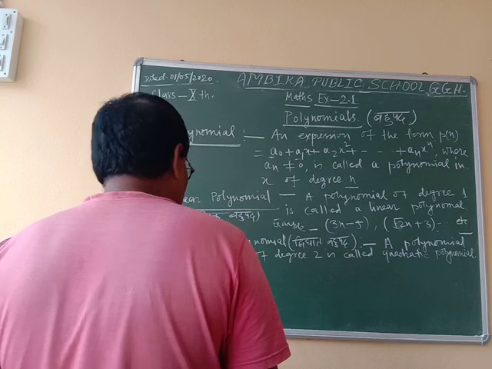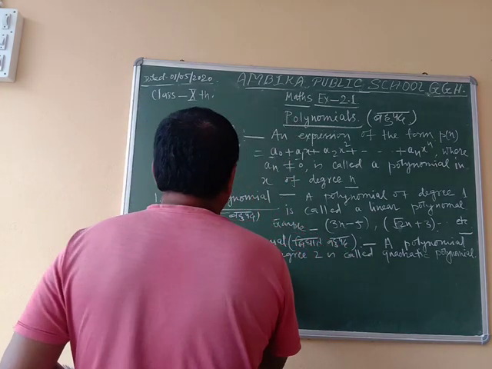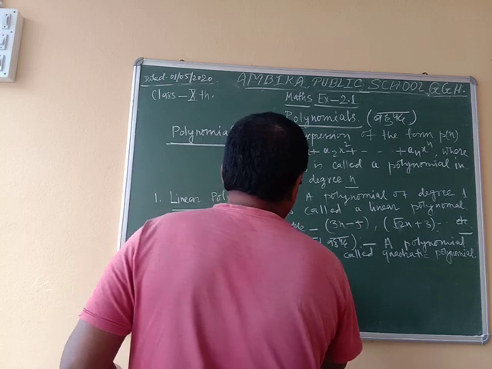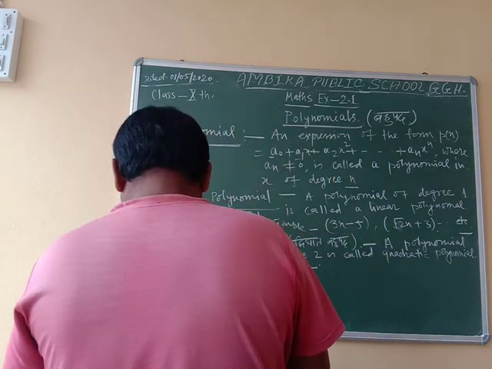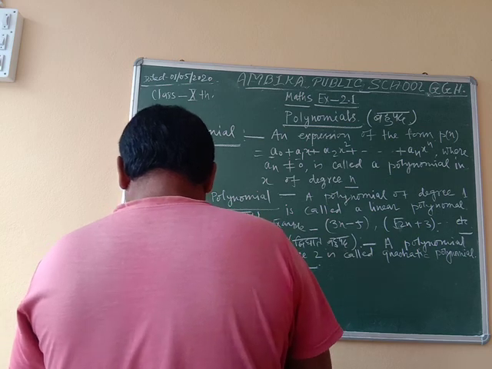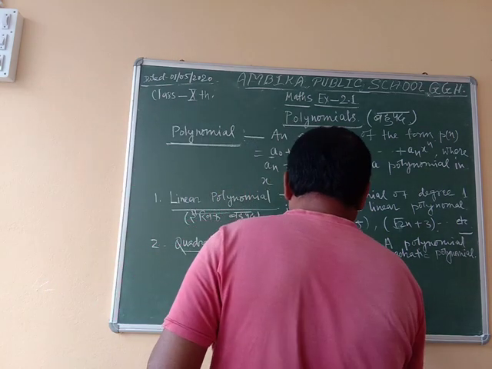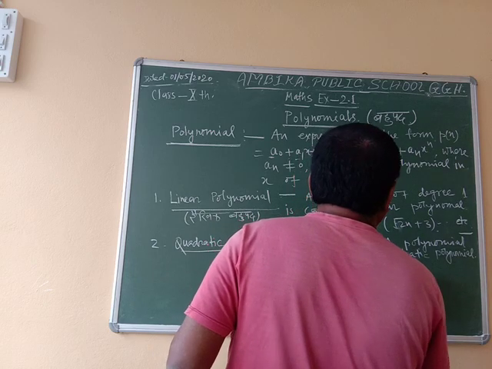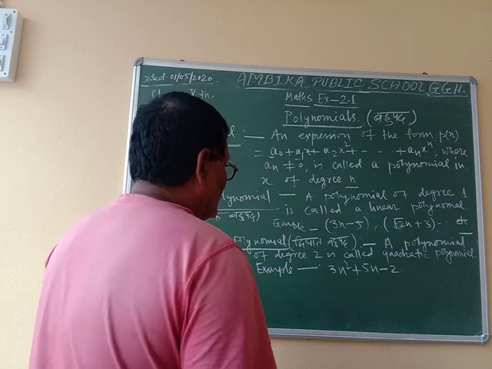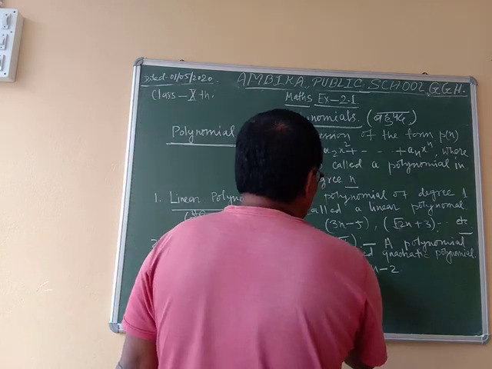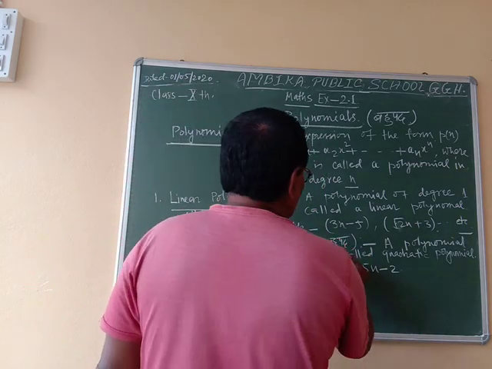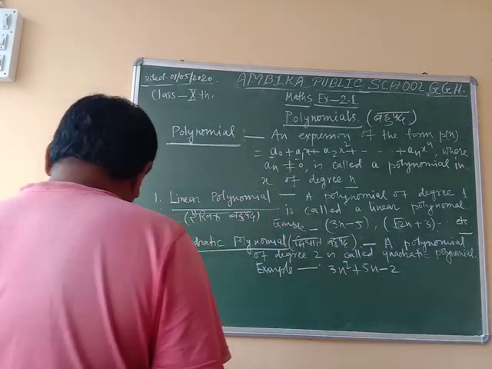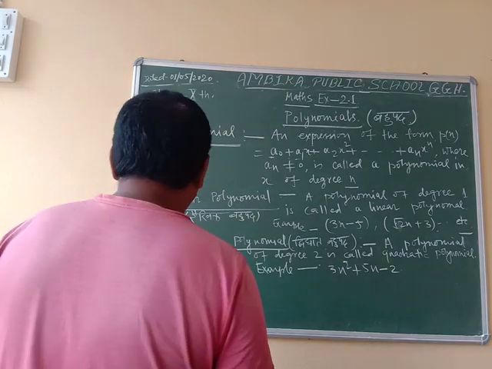As for example, we can take any example: 3x² + 5x − 2. Here the exponent of x is 2, so it is a quadratic polynomial.